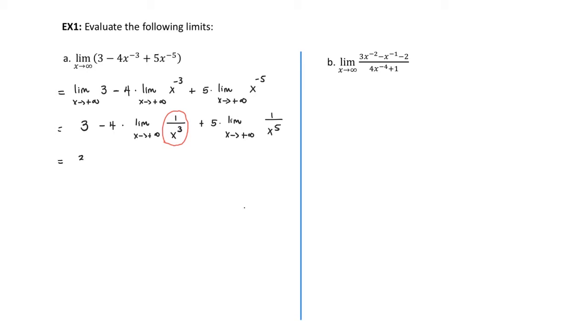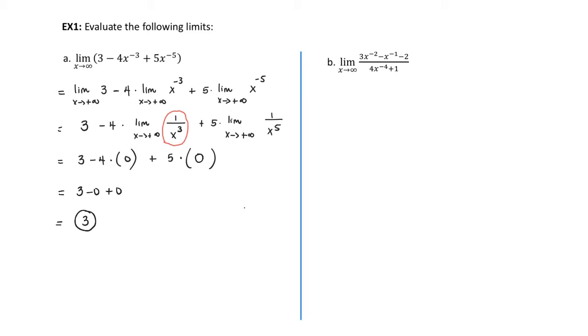That means that I have 3 minus 4 times 0. This limit is going to be 0. And then over here, plus 5 times, again, same idea. As x gets very, very large, x to the 5th gets even larger. So 1 over x to the 5th is going to become 0. So then the value will be 3 minus 0 plus 0, so 3 is the value of that limit.